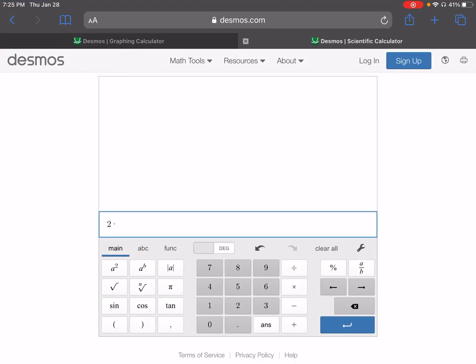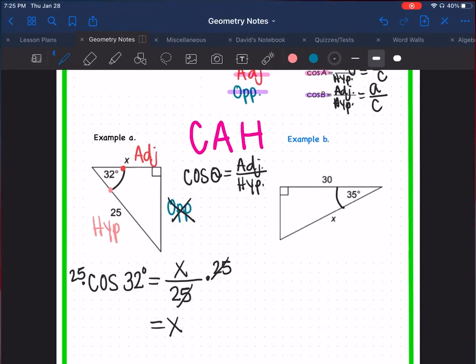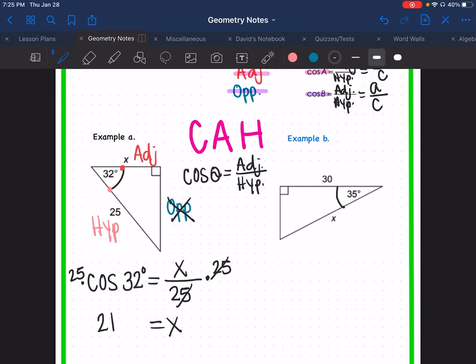That's 21.2, or 21.20, depending on what your teacher wants you to round to. I'm going to just put 21.2.